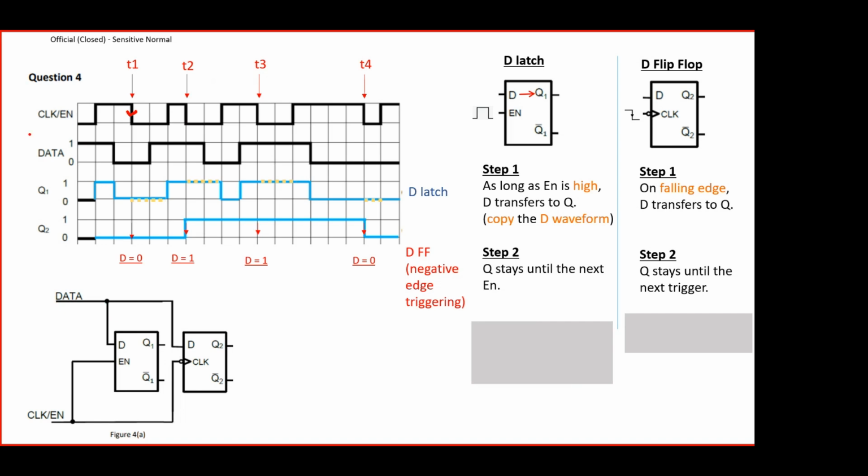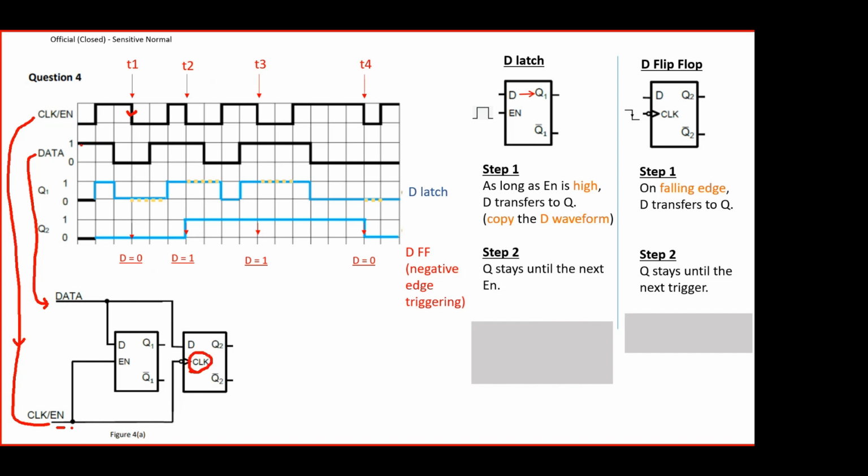What is the relationship between this timing diagram and the diagram here? This clock is sent to here, correct? And then this data is sent to here. So this clock, you trace a wire, in the end it's going to this clock, correct?